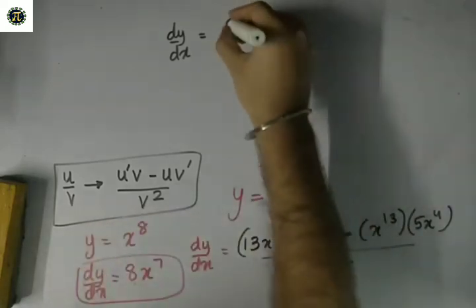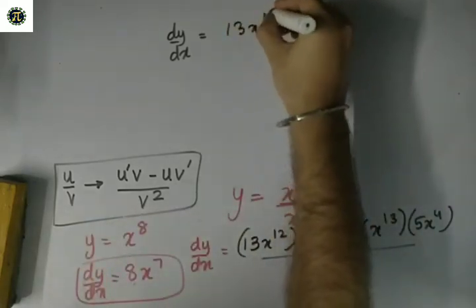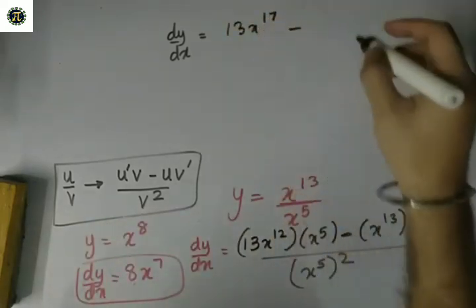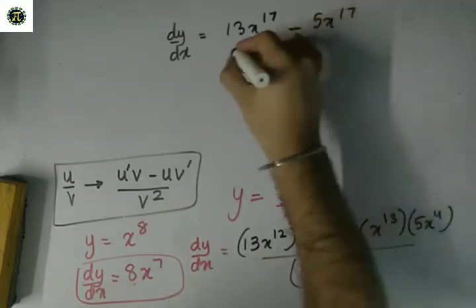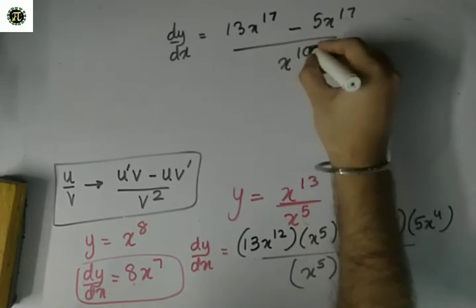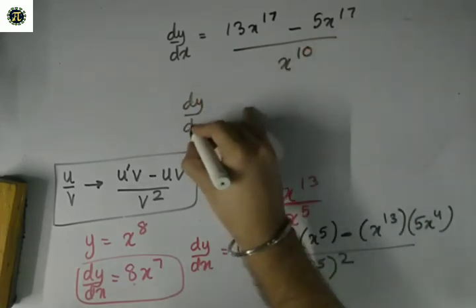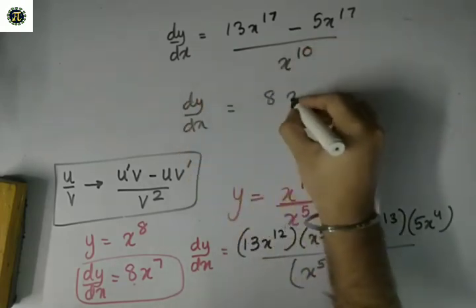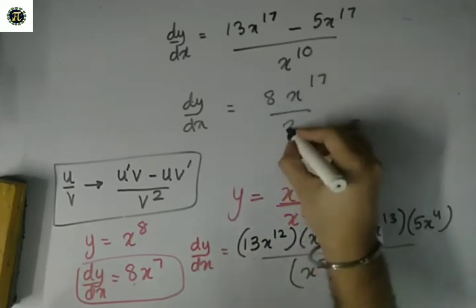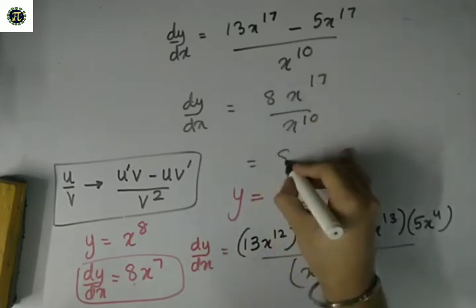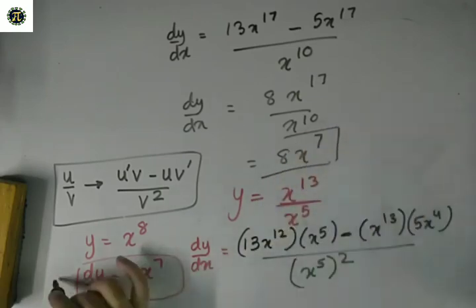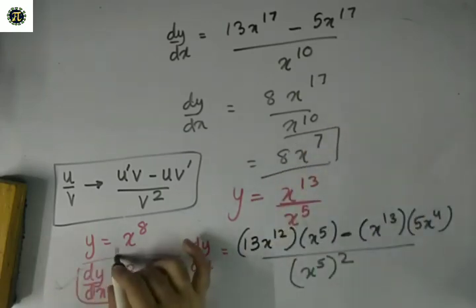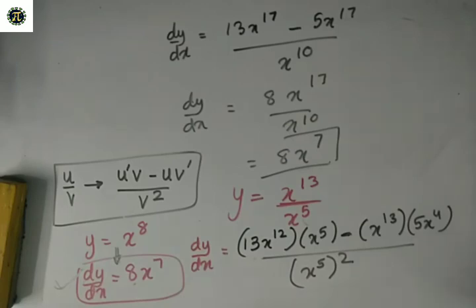And what we have is 13 times x to the power 17 minus 5 times x to the power 17 divided by x to the power 10, and dy by dx is 8 times x to the power 17 by x to the power 10, and that is 8 times x to the power 7. No change in the answer, right? No change in the answer. So the quotient rule also works.